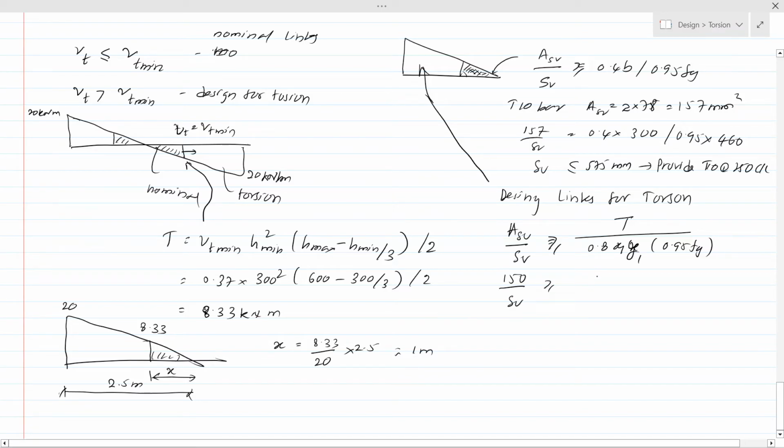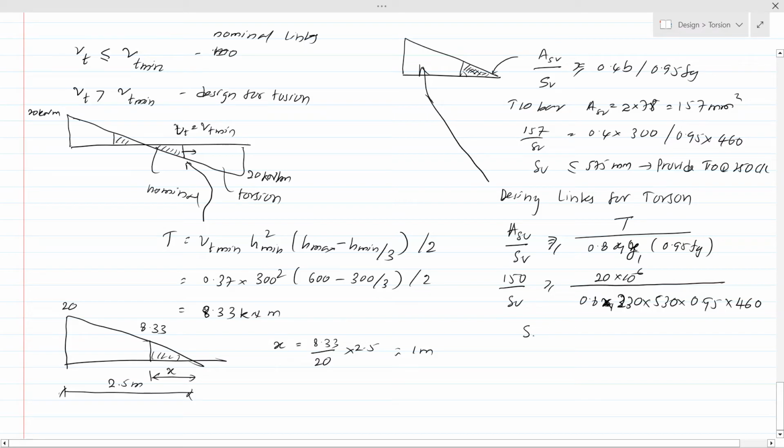Now we know the T, 20 into 10 to the power 6 for unit conversion, 0.8 x1, where x1 is our 230, into y1 is 530, into 0.95 into fyv equal to 460.